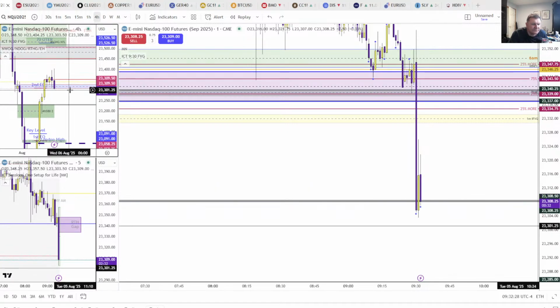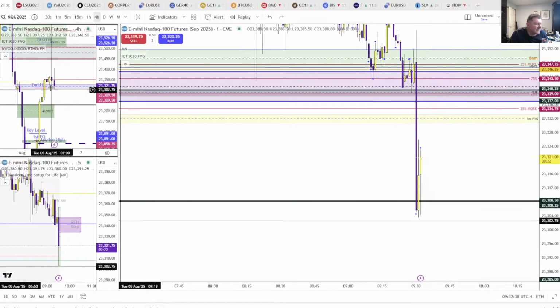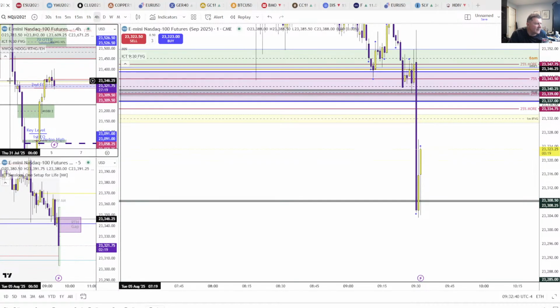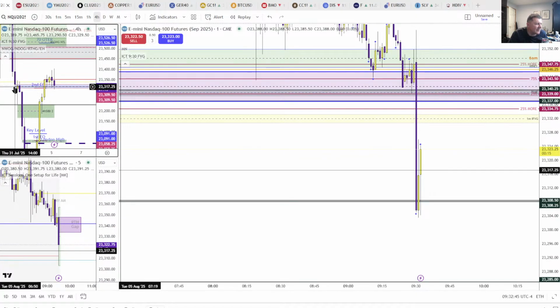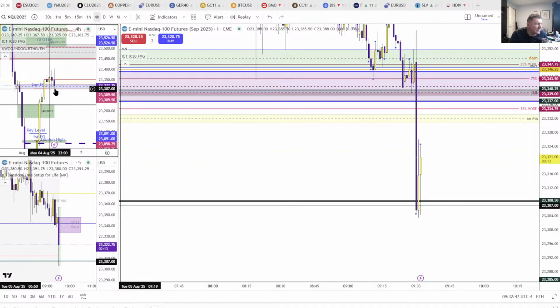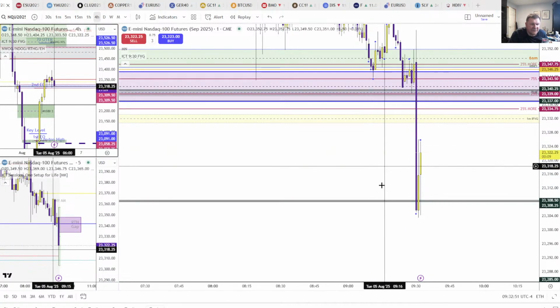301. See if 301 holds, and then 285. This is my graded response right now off of this. We didn't have a fair value gap get above there, but we did have a body get above. So its mean threshold, you want to see that hold price, and look for any chance for a reversal here.